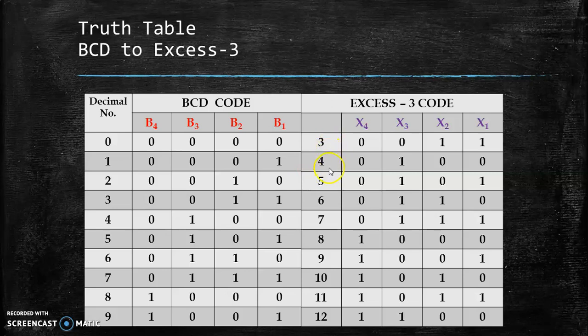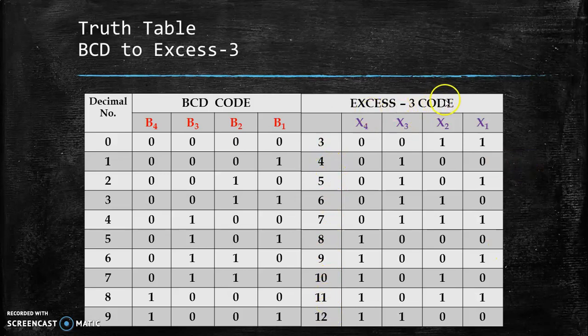So we have 3, 4, 5, 6, 7, 8, 9, 10, 11 and at last 12, because 9 plus 3 is 12. Now to get the Excess-3 code, we write a BCD number for 3, 4, 5, 6, 7, 8, 9, 10, 11 and 12.